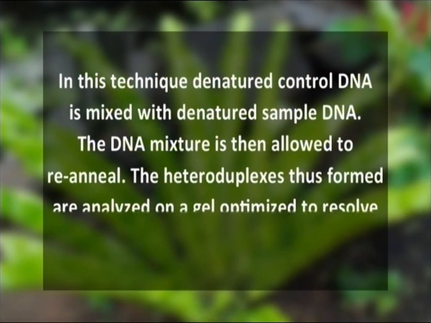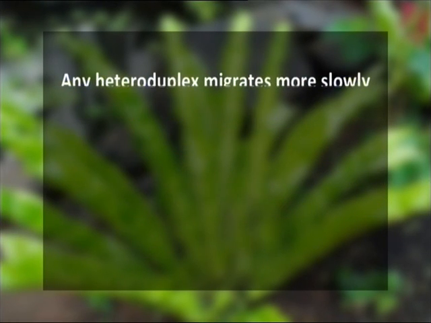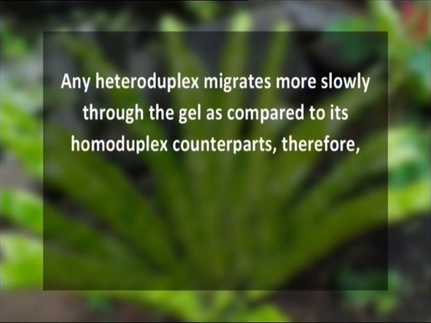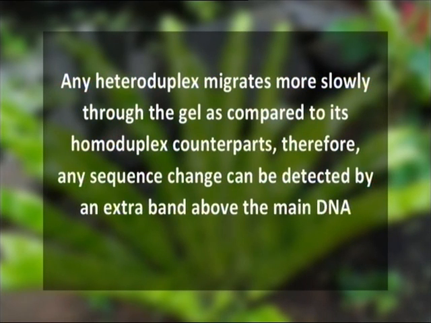The heteroduplexes thus formed are analyzed on a gel optimized to resolve conformational differences. Any heteroduplex migrates more slowly through the gel as compared to its homoduplex counterparts. Therefore, any sequence change can be detected by an extra band above the main DNA homoduplex band.